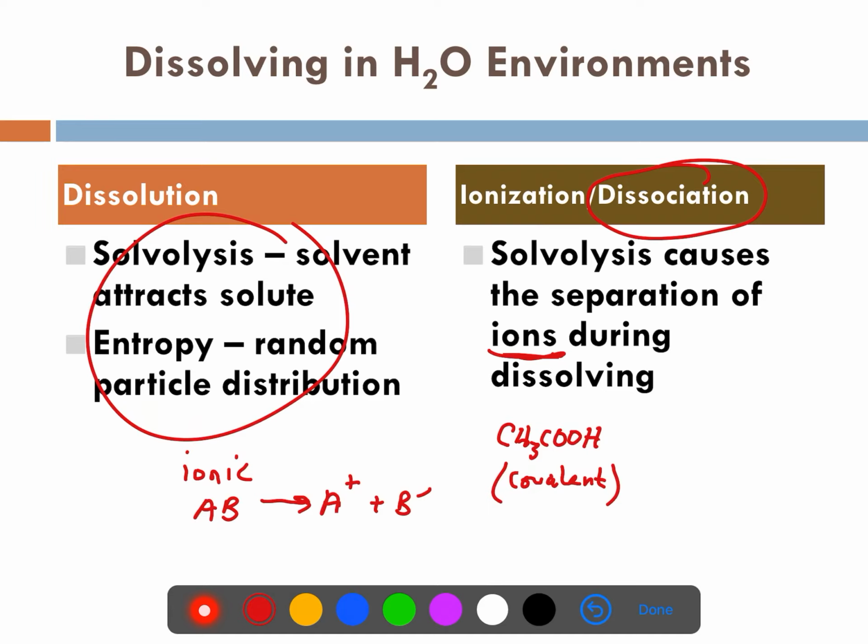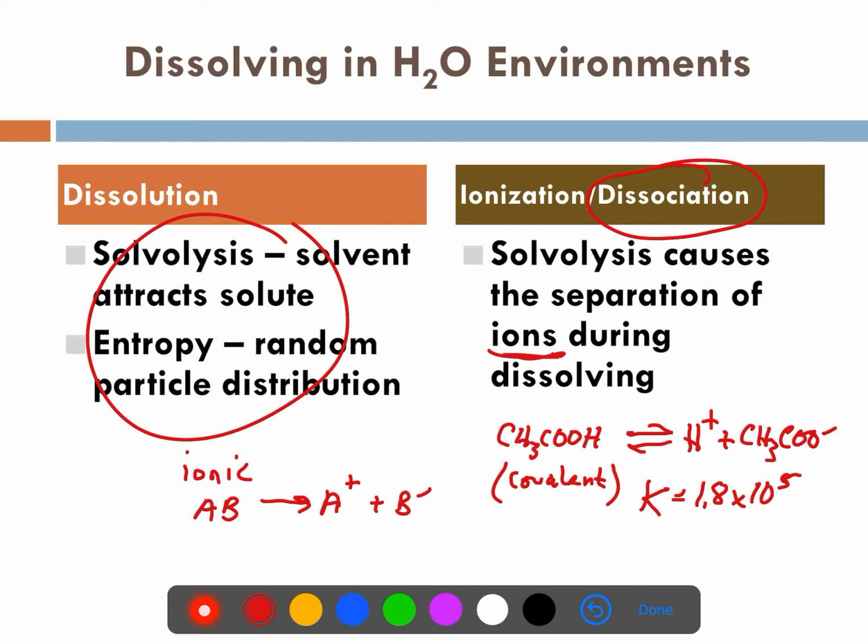Everything has a little bit of both. So even something like acetic acid, which is covalent, will produce a small amount of H+ and acetate. And the K for this is 1.8 times 10 to the minus 5. So approximately out of 180,000 molecules of acetic acid, 1 will produce H+. But that's enough to burn your eyes, nose, throat, and lungs.